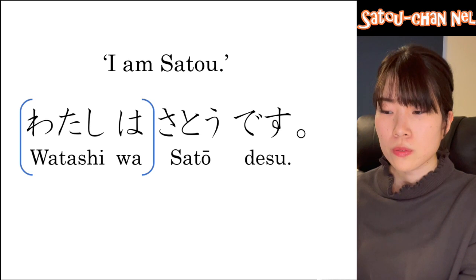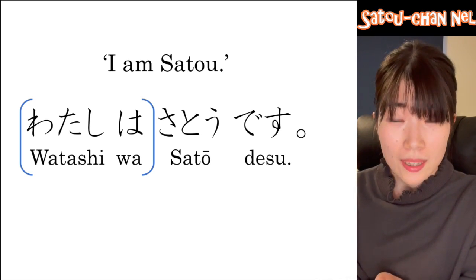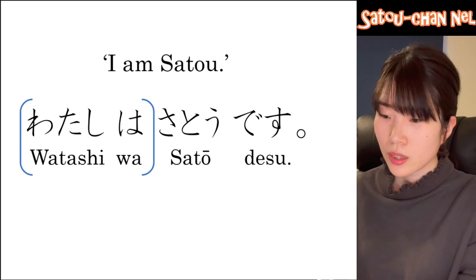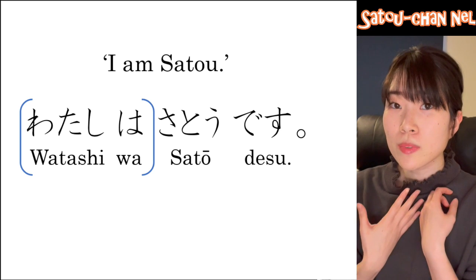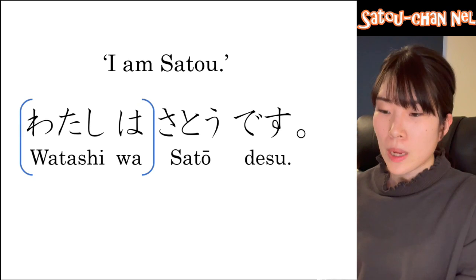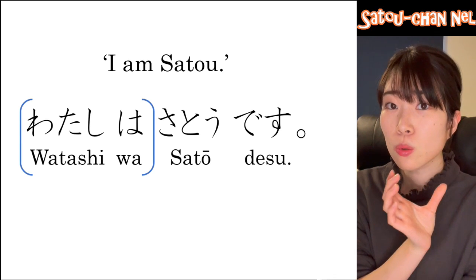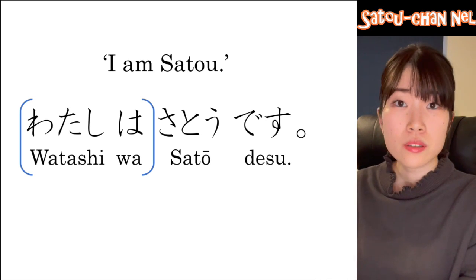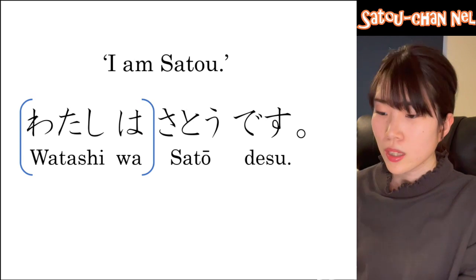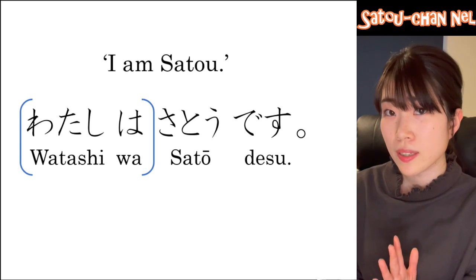When we meet someone for the first time, the first thing we do is greet and then introduce ourselves. So it's quite obvious that we are talking about our names. People usually just say name plus des, like Sato des, because it's clear what the subject is. Sentences without subjects are very common in Japanese.